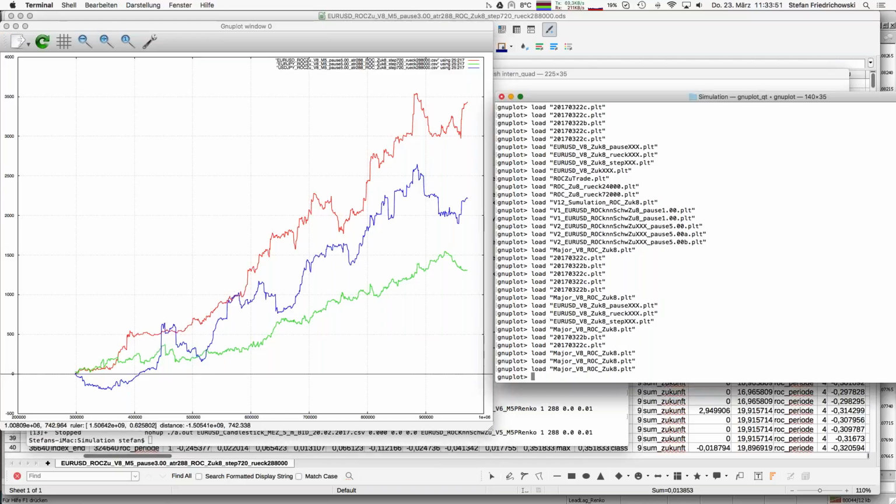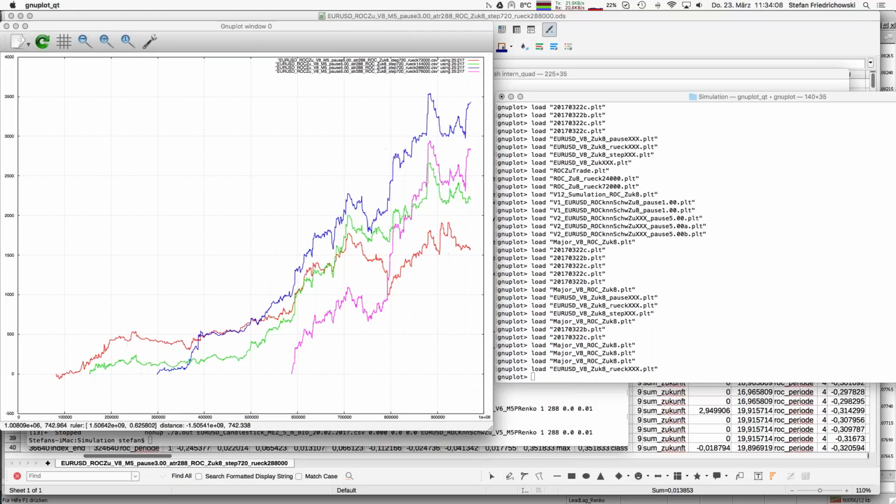For example, what about changing that back mirror? So the length of that back mirror, how many candles did you take in order to set up your rules? That's something I have done here, for example. So for different lengths of back mirrors, how many candles, I looked here for 72,000 and so on.